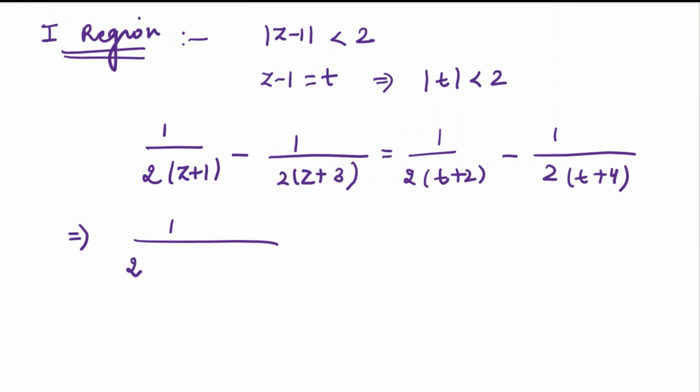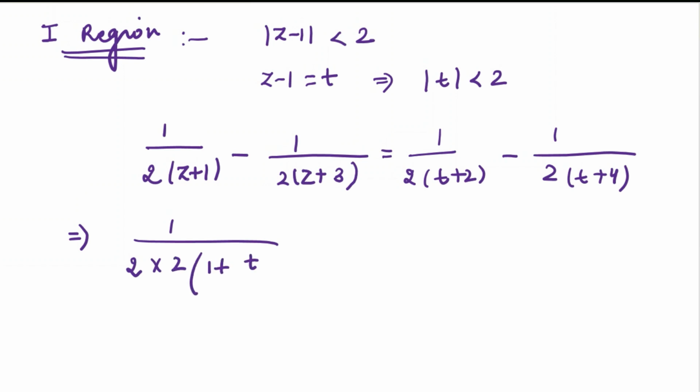So it will be 1 upon 2. Now see here, mod t is less than 2. So we will use the expansion of (1 plus x) raised to power minus 1. So the calculations will be easy. So we will try to write this function in that form, (1 plus x) raised to power minus 1. Okay. So we can take 2 outside.